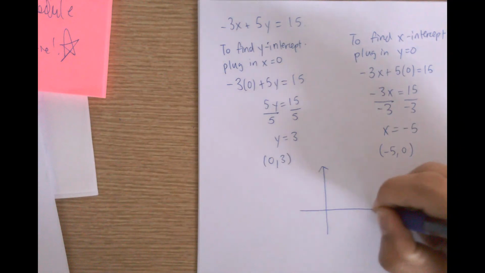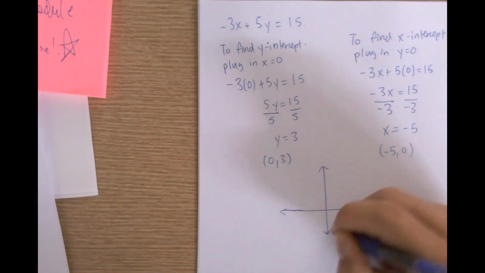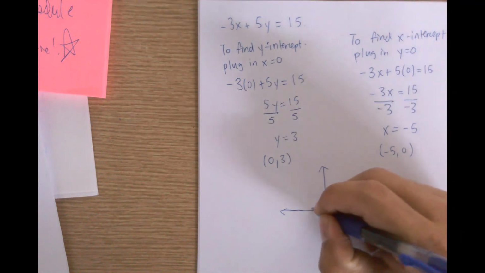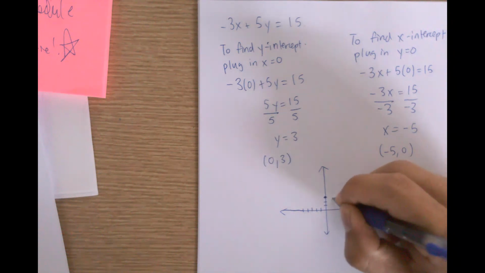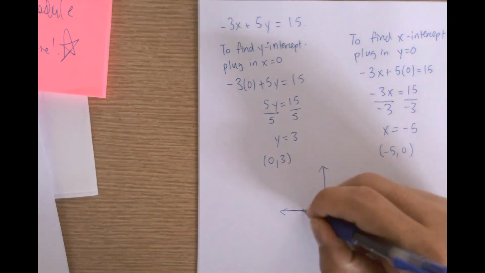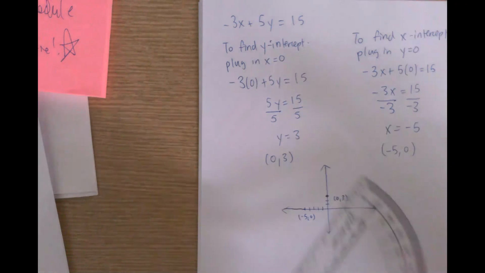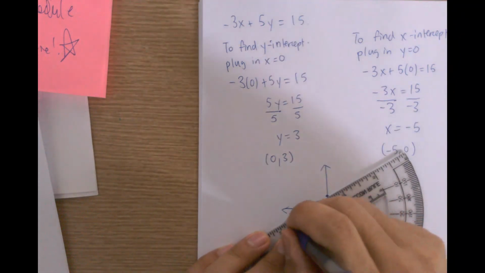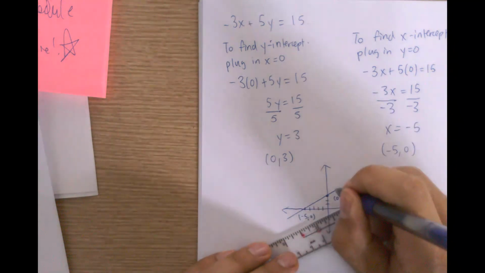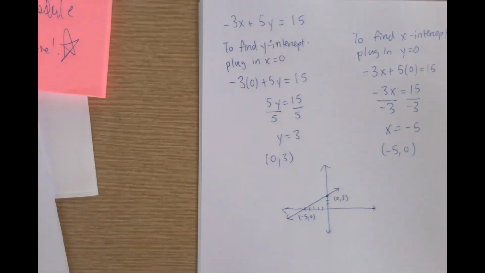So as an example, we would go ahead and graph negative 5, 0. We would plot 0, 3. We can go ahead and connect those points, and we have our line. And so this is what our graph would look like.